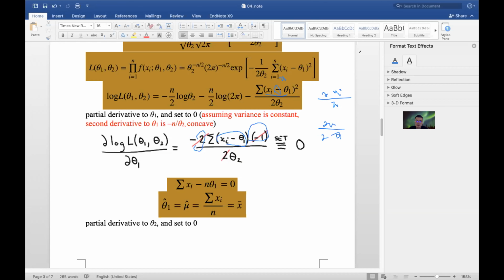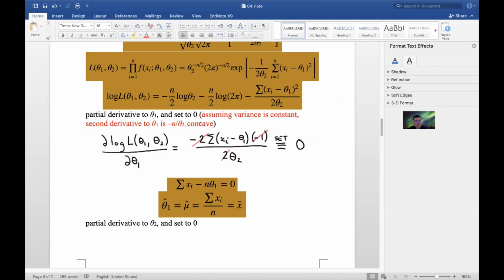This is how we go from taking the partial derivative here. Now this 2, which comes from this, cancels, and the negative cancels with this negative. So this basically says we have the summation of this equal to 0.